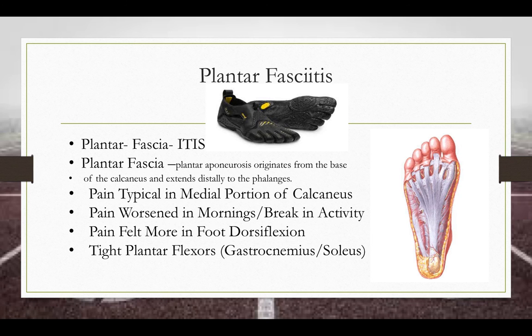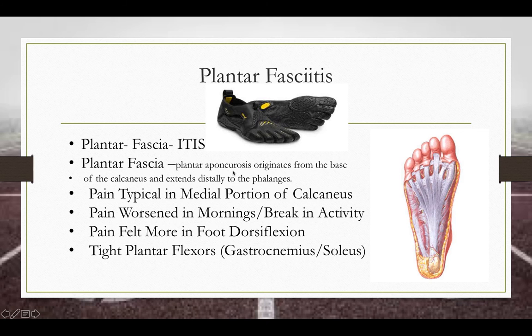Okay, plantar fasciitis. This is also very, very common among athletes, especially runners, because of the constant pressure experienced on the forefoot. Let's first talk about what this word means. Plantar is the bottom aspect of the foot.